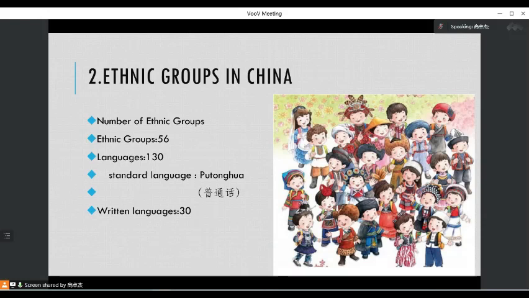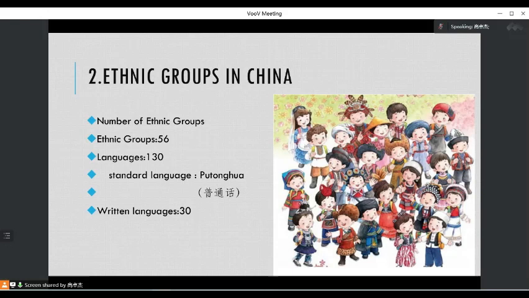China's full name is People's Republic of China. That is to say, the 56 nationalities living in China belong to the Chinese people. All the Chinese people enjoy the same rights in China.